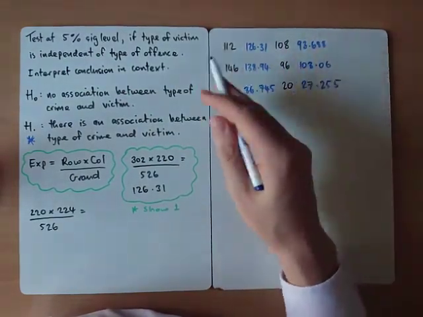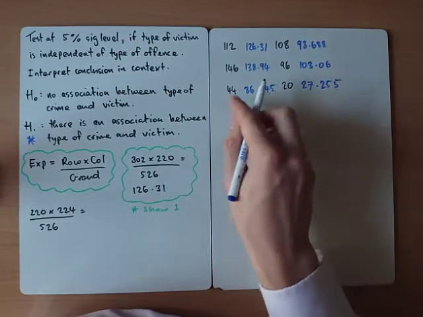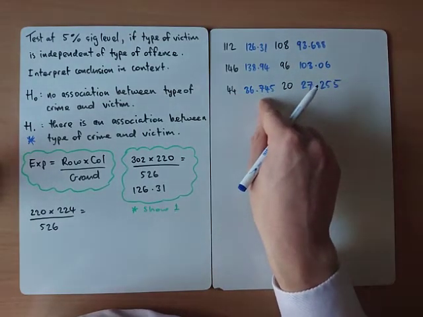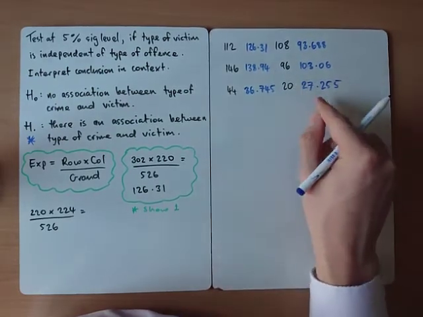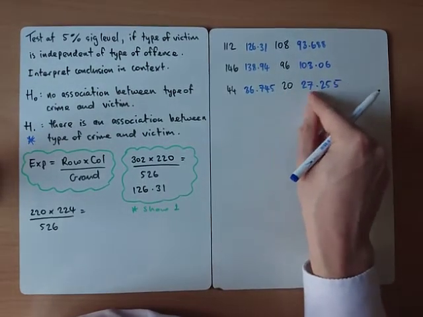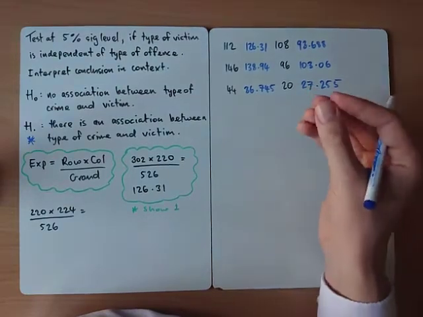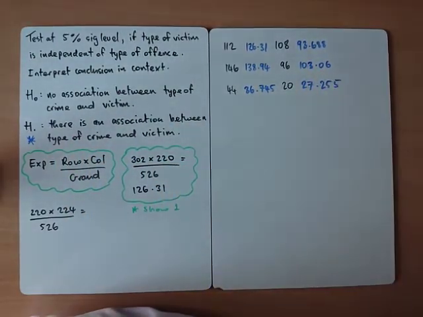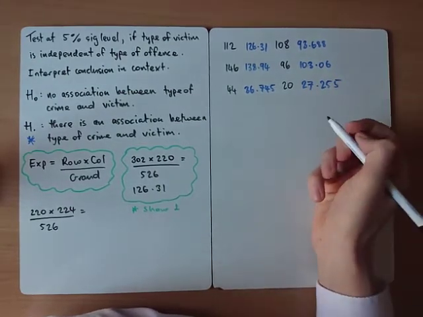If the numbers are really far away, that means more people than we expected were in this category, or fewer people than expected were in this category. That's when you say maybe there is a link between the two things. Try and keep that in mind for now, but let's not spend too long on that because there's a lot of calculation we've got to do as well.